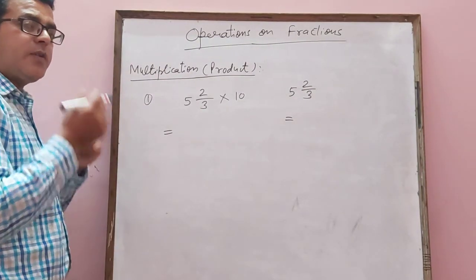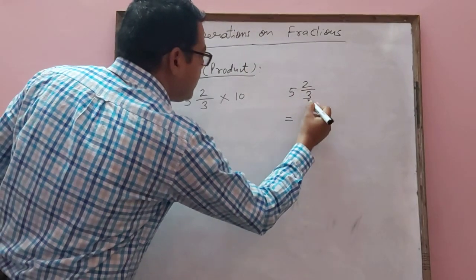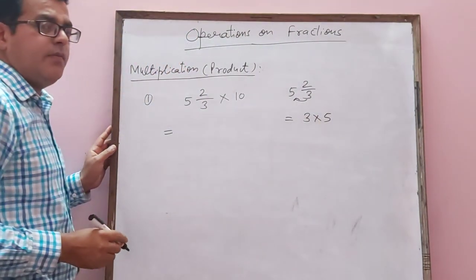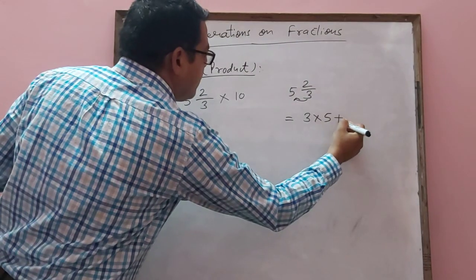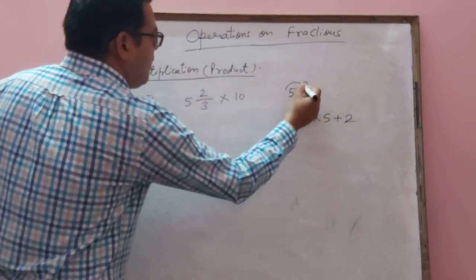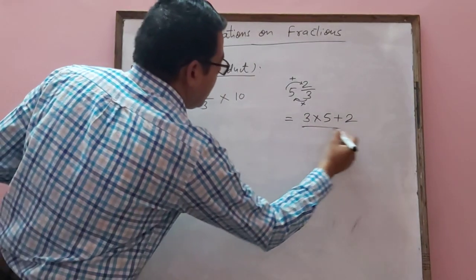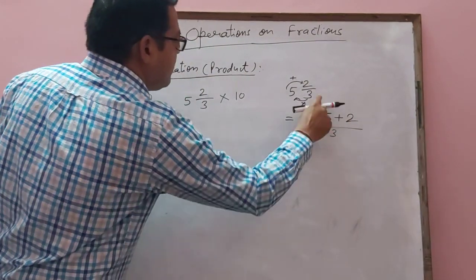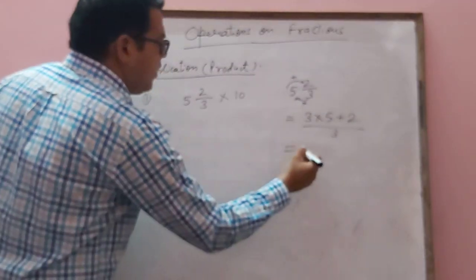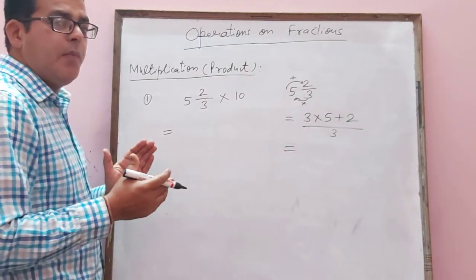I have explained this many times. First we need to multiply this 3 with 5. Then we have to add 2 to this. We are multiplying 3 with 5 and adding 2, like this. Then downside 3, since the denominator is 3. Now, according to the BODMAS rule, first we have to go with multiplication.